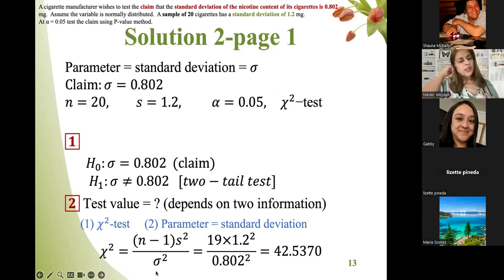I told you in the previous example, if we are dealing with a standard deviation, we usually give you s and sigma. So n was 20, so 20 minus 1, which is 19, times s, 1.2. Here I have to square it because I gave you a standard deviation, not variance. Divided by sigma square. Sigma is in the claim sentence, so I square 0.802 also. I enter this fraction in my calculator and I end up with 42.5370. Any question?